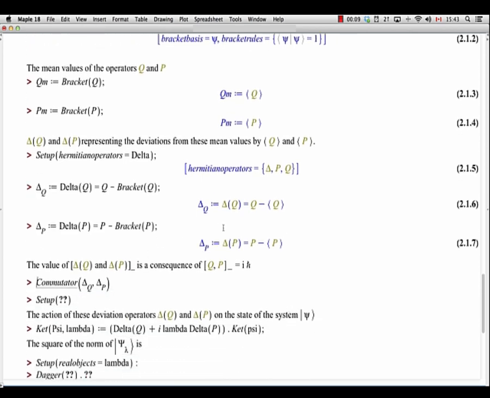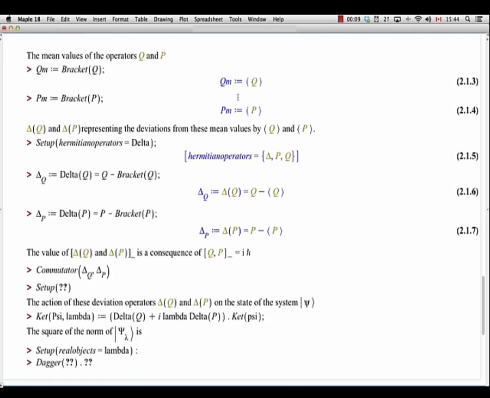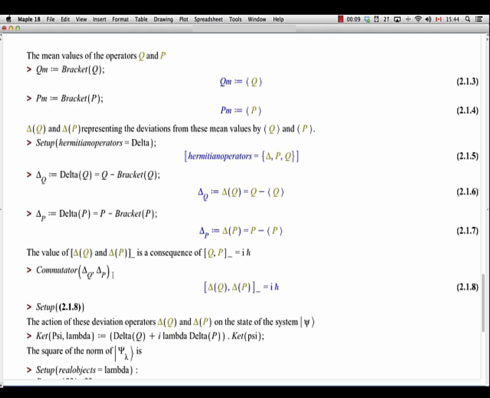And interestingly, because of the algebra rule already set, which is this, the deviations from the mean values automatically satisfy the same commutation rule. So the commutation for the objects on the left is equal to the commutation of the objects on the right. The commutator of the objects on the right is computed and is equal to this, and therefore we have another commutator relationship.